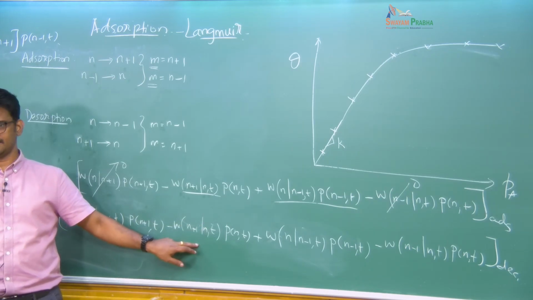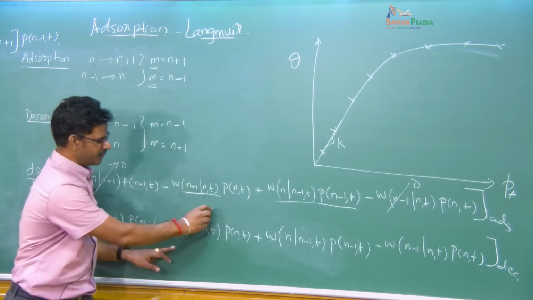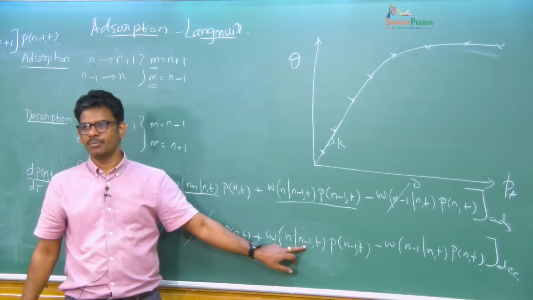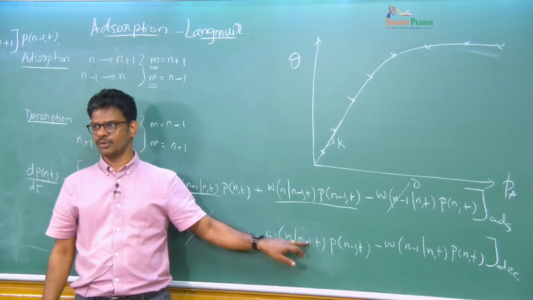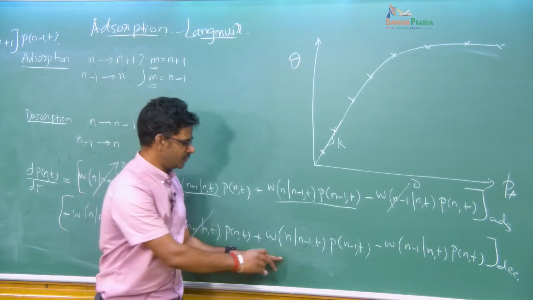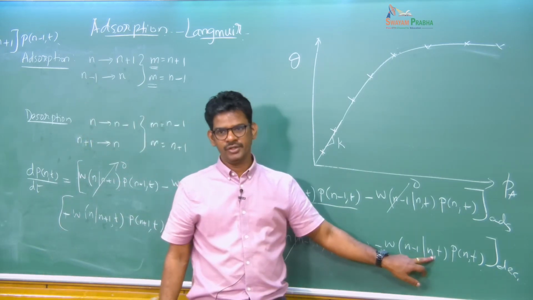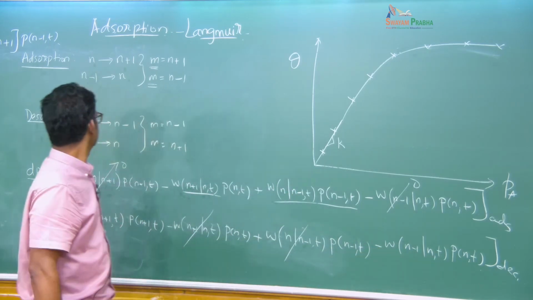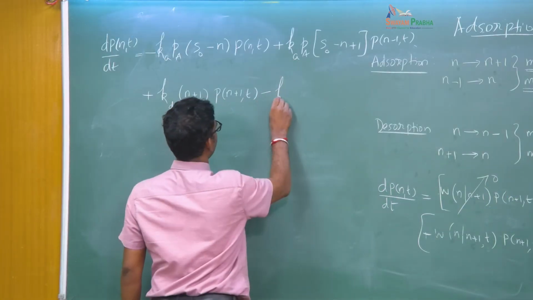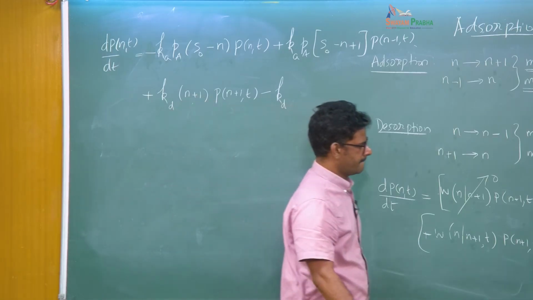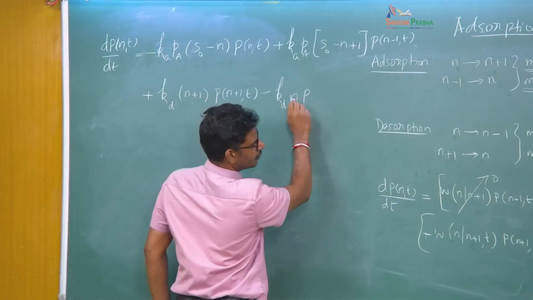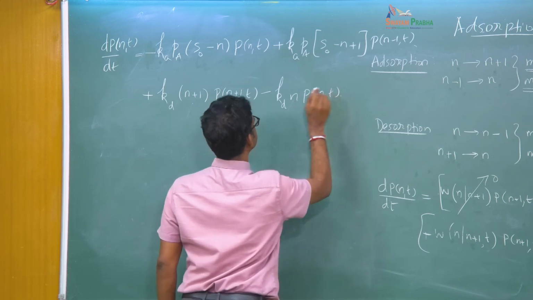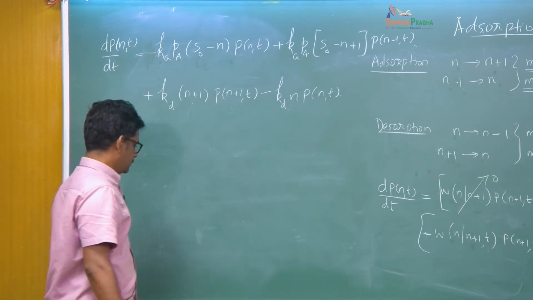You cannot go by increasing n by desorption, so this is not permissible. n minus 1 to n by desorption: from n minus 1 by desorption, you can only go to n minus 2, not n. So this also cancels. At n, you can definitely go to n minus 1 by desorption. So you have minus Kd, the number of sites there is n, and P of n. So this is what you will get.